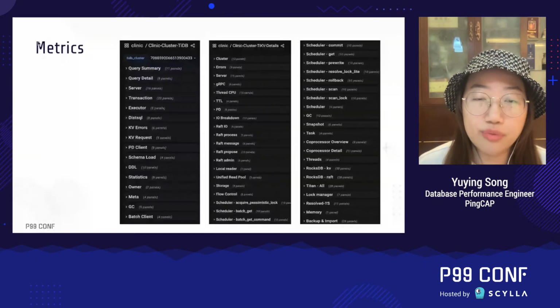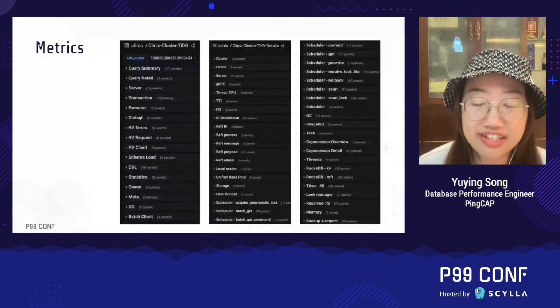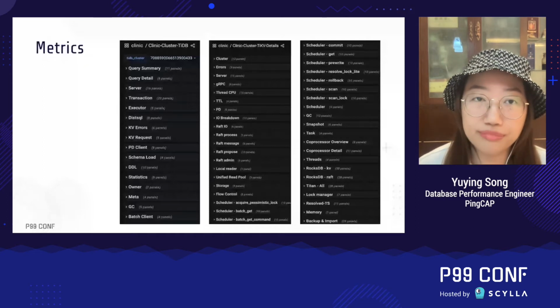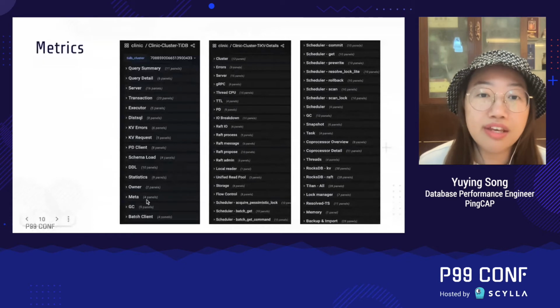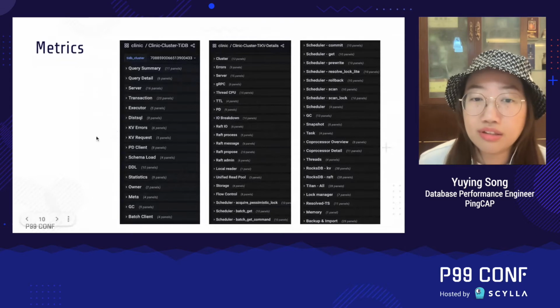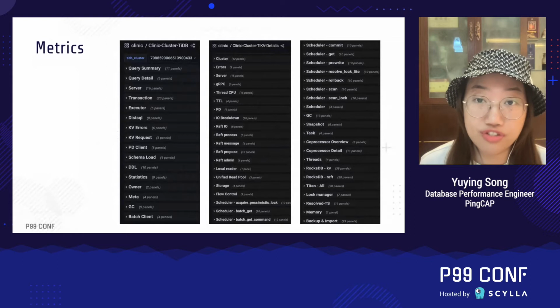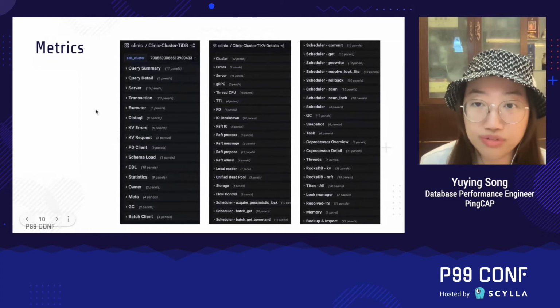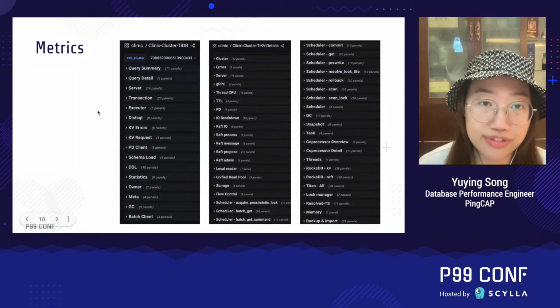You can see here we have almost 20 Grafana dashboards for each component, and each dashboard has a lot of rows and a lot of panels. It takes our users, DBAs and support engineers, a lot of time to learn it and to dig useful information from all those metrics. It's very time consuming and painful.